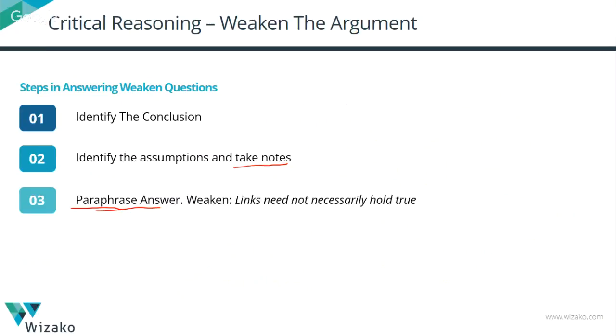So if you're not thinking about the argument, and if you're going directly into the answer options, then a lot of times you will pick the attractive sounding answer option, or you'll pick an answer option where your reasoning was influenced by your personal opinions rather than by looking at the logic that is used in the argument itself. So think about what you want your answer option to say.